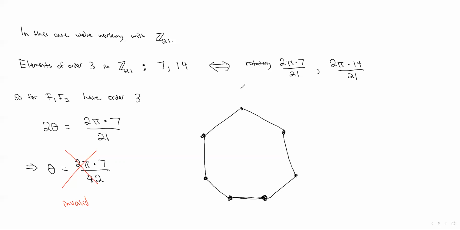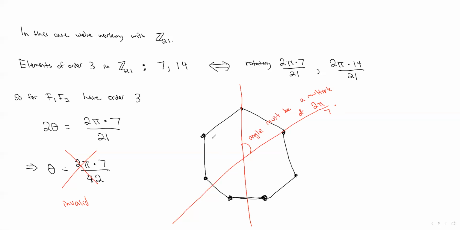So if you have 2 reflections in, let's say, D7, the angle must be a multiple of 2 pi over 7.